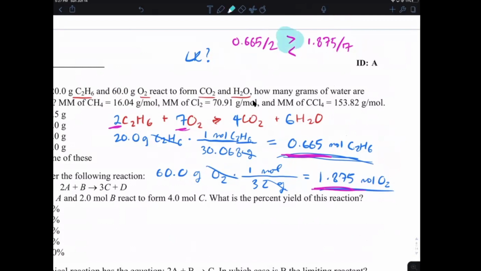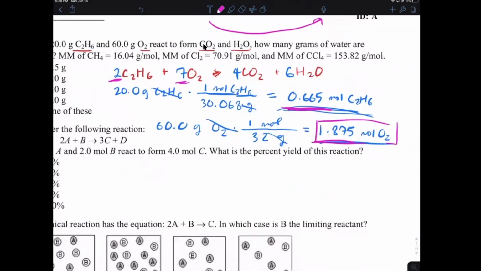So this is greater than. So if we know that this one is for C2H6, this one is for O2. So if we know that this one is bigger than this one, which one is going to be the limiting reactant? The smaller one. So this is the limiting reactant. Okay, so now that we know that, all we have to do is take this and use it for our calculations.